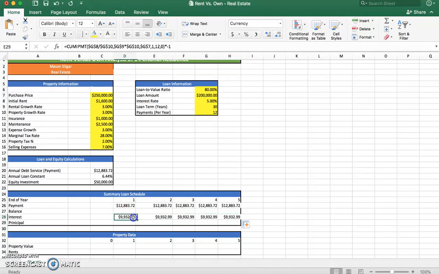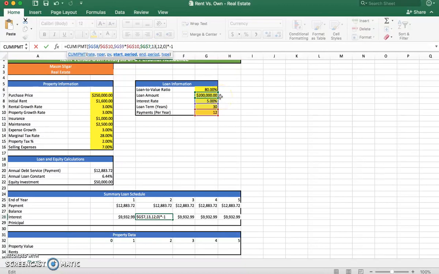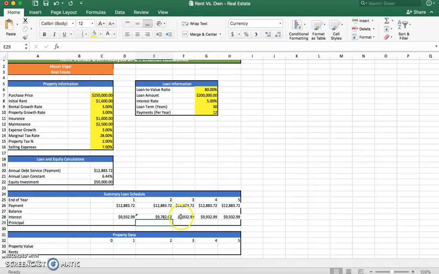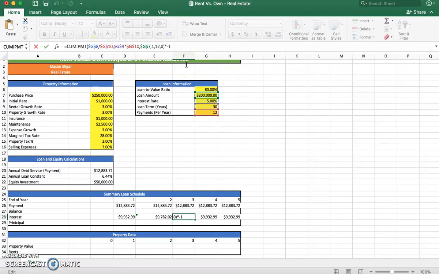And we don't want that because this is a cumulative payment. So what we actually have to go in and do, this is correct because it is actually taking from month 1 through 12, but in year 2, we're actually pulling from month 13 through 24. So we need to go in and fix that. 24. Okay, so that number changed. We're going to have to do the same thing for every year here. So the next one will be 25 to 36.